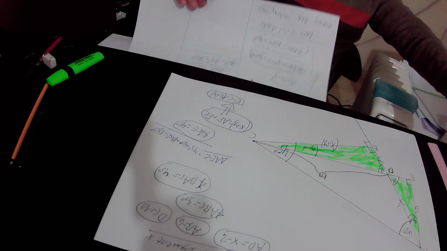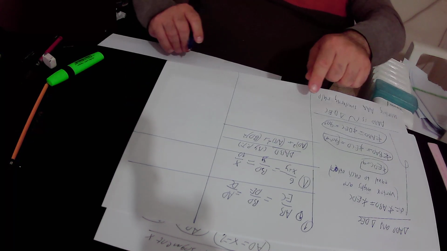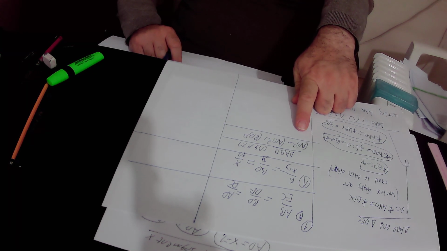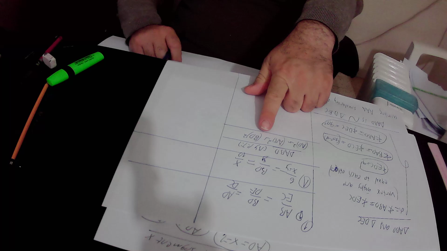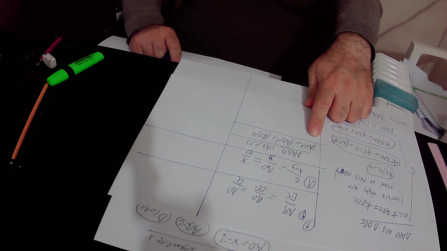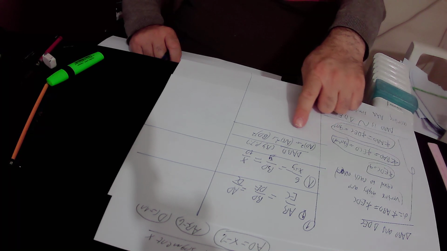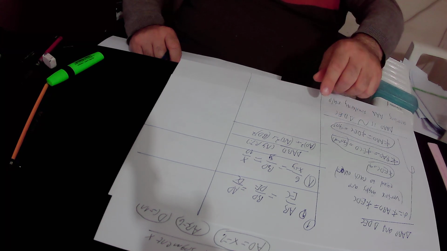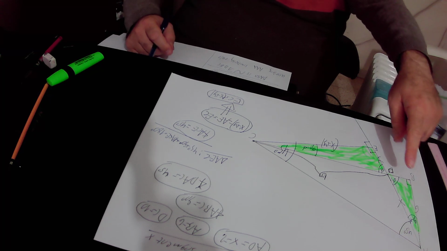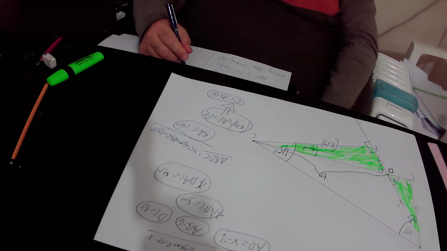I repeat again. In the right green triangle ABD, by the Pythagoras theorem, the square of the hypotenuse equals the sum of the squares of the perpendiculars. That is to say, AD squared equals AB squared plus BD squared. Here AD equals x, so AD squared is x squared.